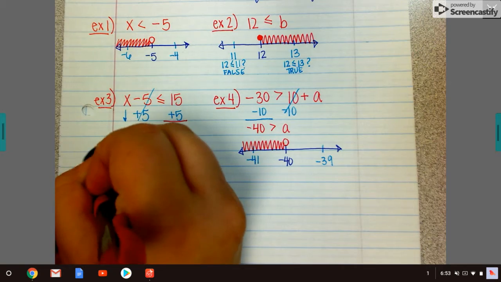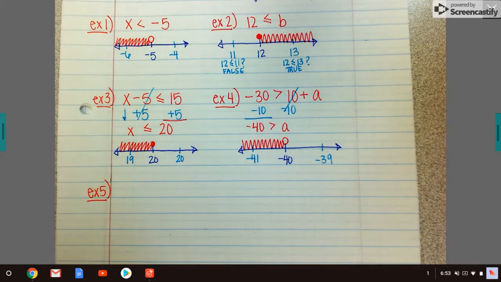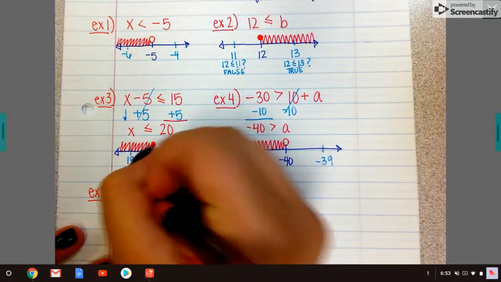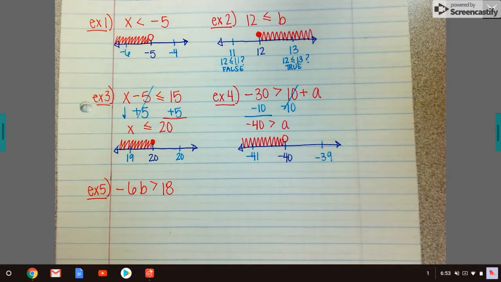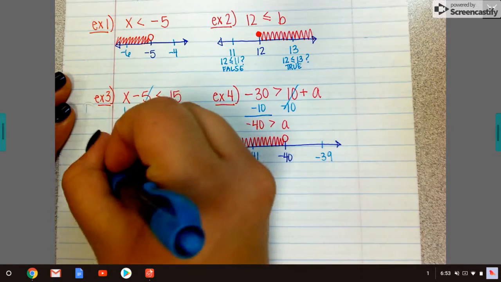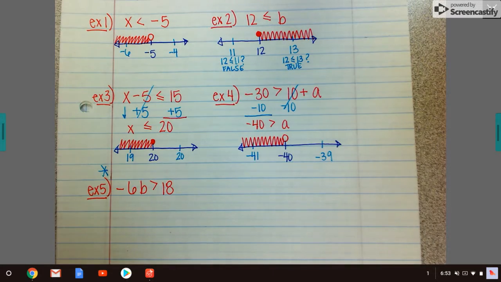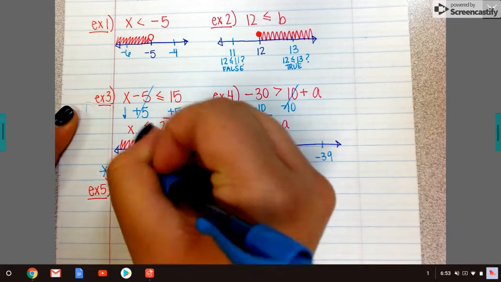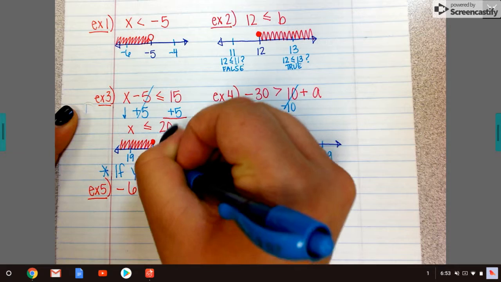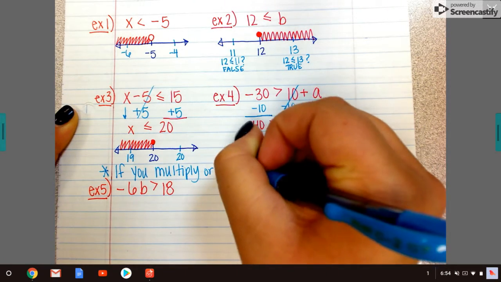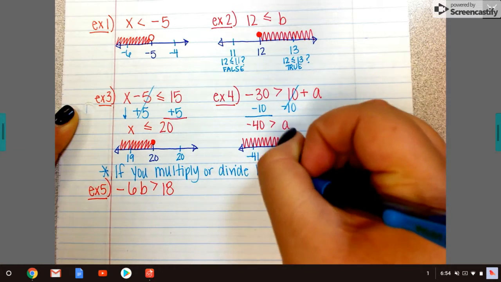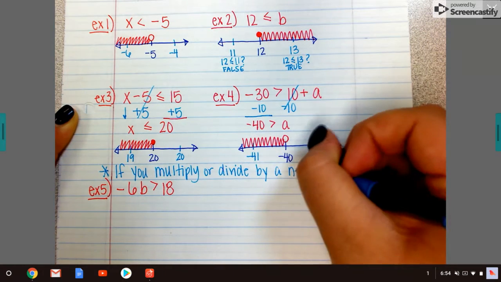Let's do the next one. Example 5, I have negative 6b is greater than 18. So in this example, we're going to run into the first situation where we have something to watch out for. So I'm going to kind of give us a big reminder here. The only thing we watch out for is if you multiply or divide by a negative, something special happens.